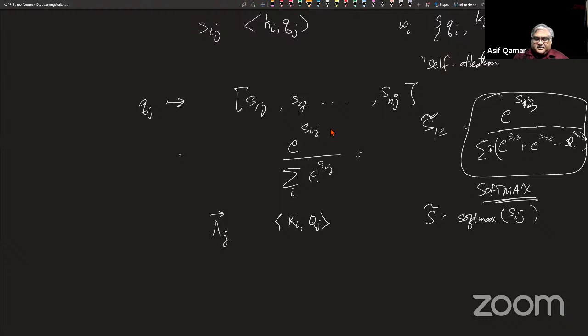So let's work out the pieces. I'll take a little more space here so I can write it in bold. You softmax what? The similarity, which is ki and qj. I'm using q because the paper uses q, so why confuse, let's continue to use little q.